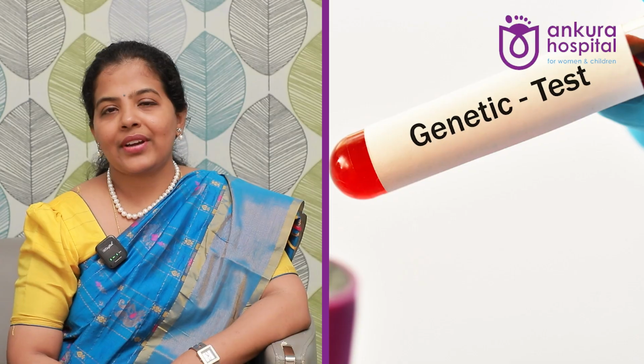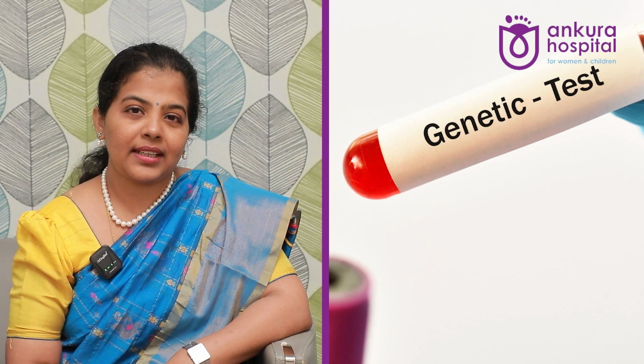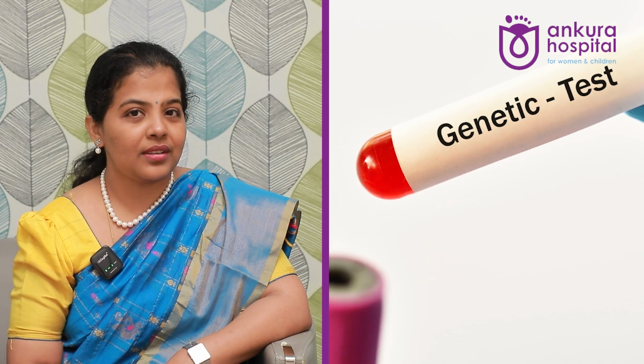Now let's try to understand about these genetic tests and genetic disorders per se. So let's also try to understand what is genetics, what is a gene. All human beings, in fact each and every living organism, is made up of genetic material, or in other words we call it DNA.